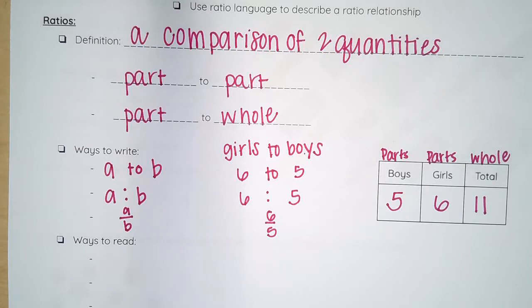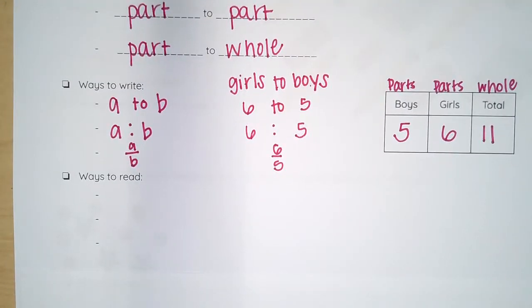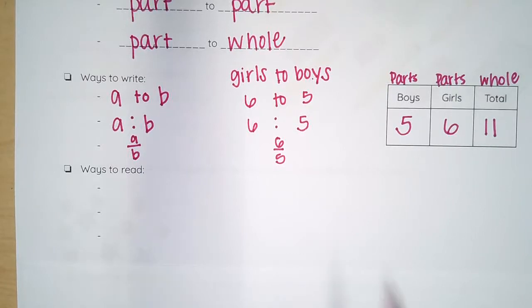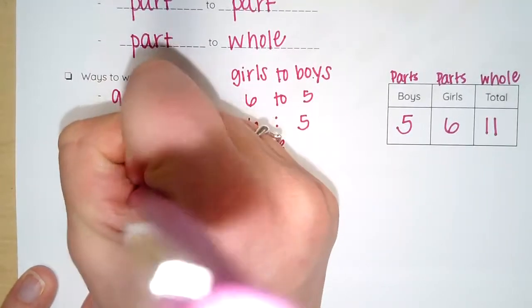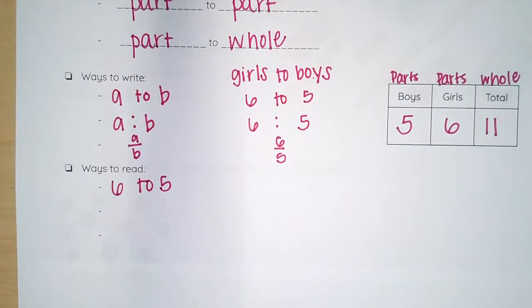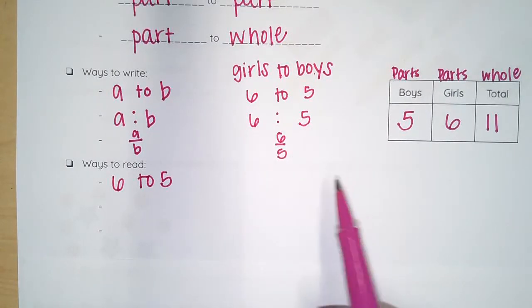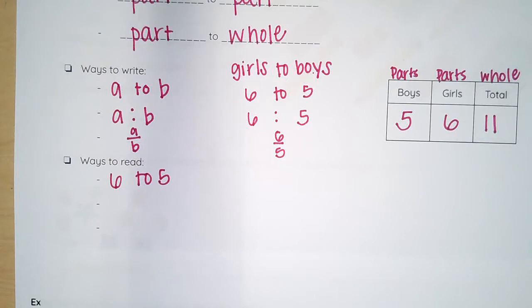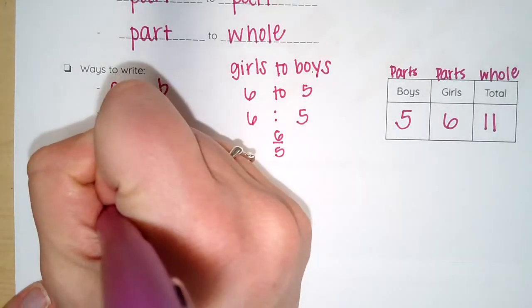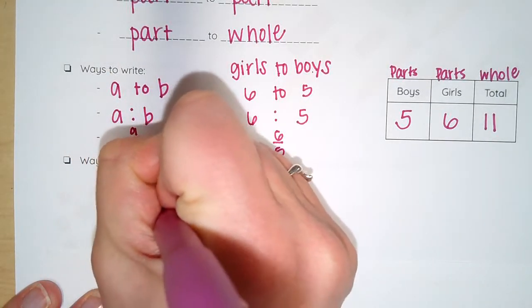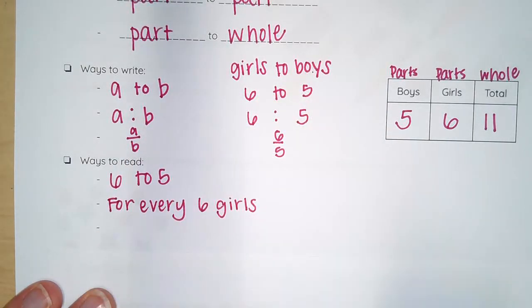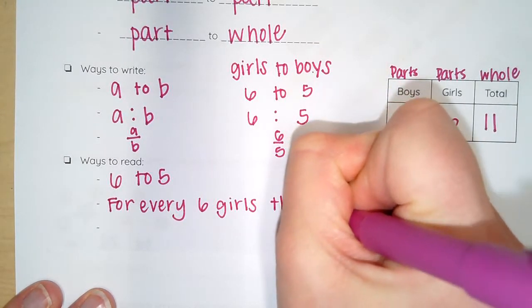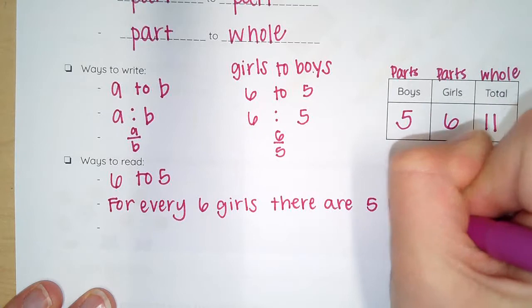There are also three different ways to read a ratio. I'm going to use the 6 to 5 again. The first would just be to say 6 to 5. However, if we are writing or talking about or reading, and we need to sound a little more mathematical, we will say for every 6 girls, so anytime there are 6 girls, there are 5 boys.